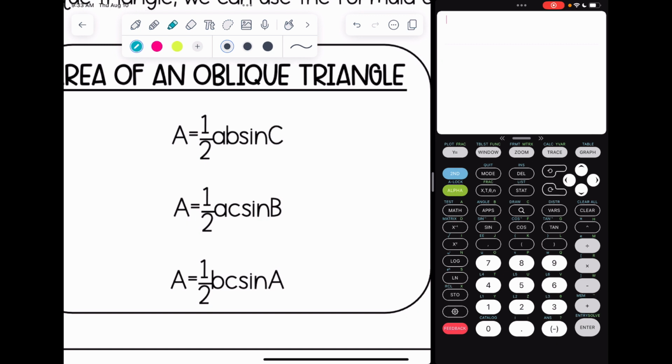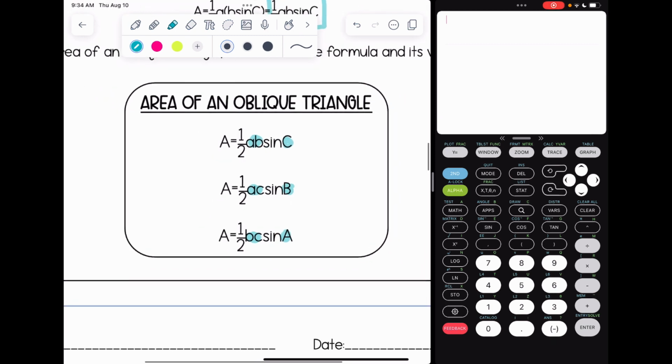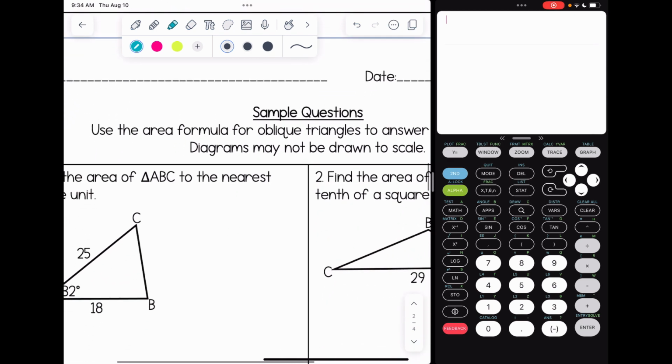Area equals 1/2 AB sine C, area equals 1/2 AC sine B, and area equals 1/2 BC sine A. In each formula, the letters A, B, and C each appear once, depending on what angle you're looking at. Let's dive into a question so you can see how this applies and how we could derive the formula again.